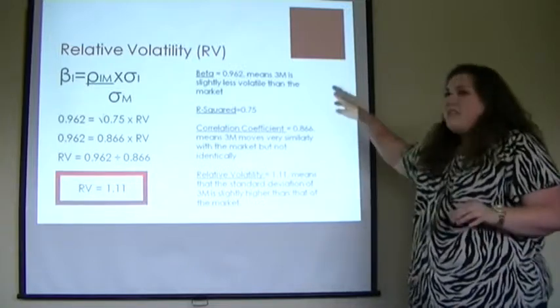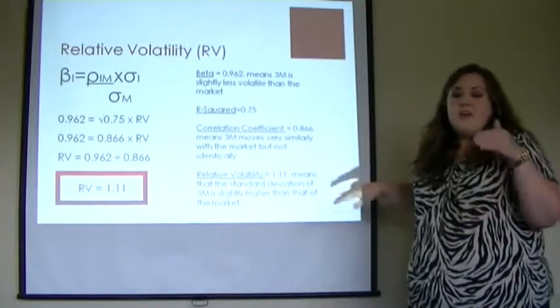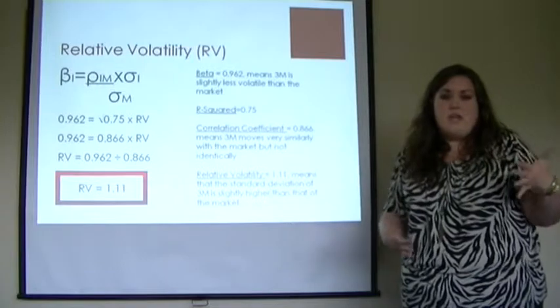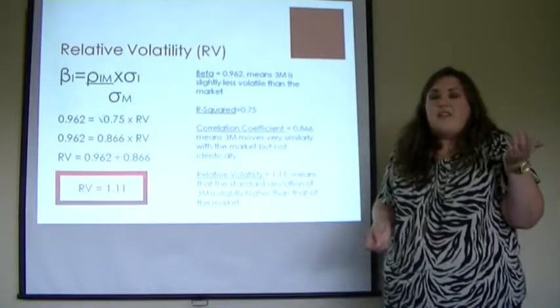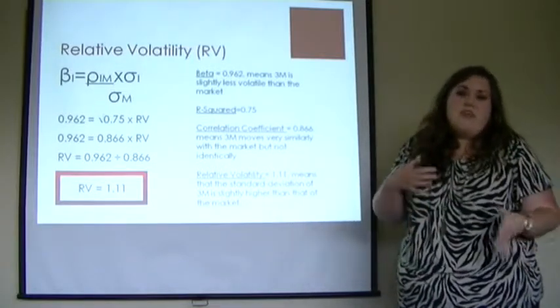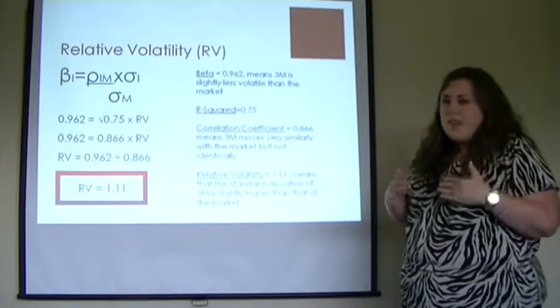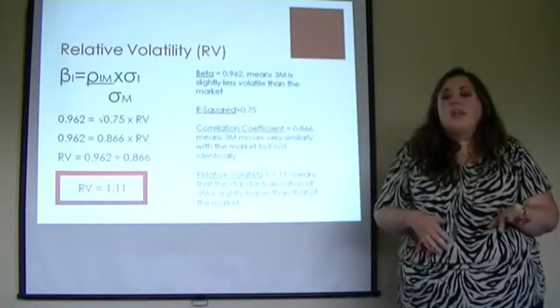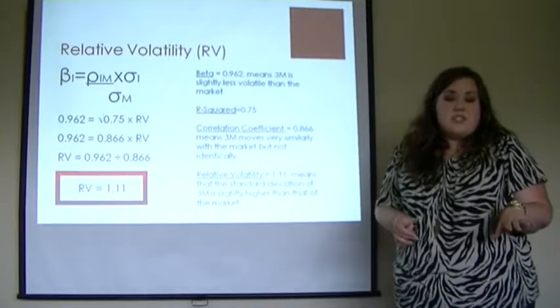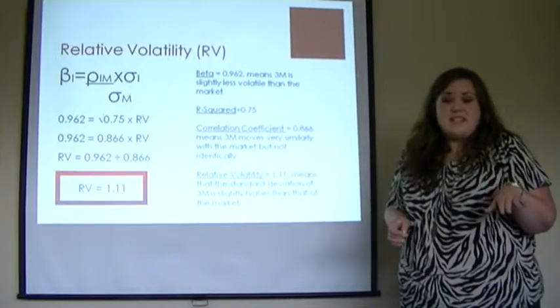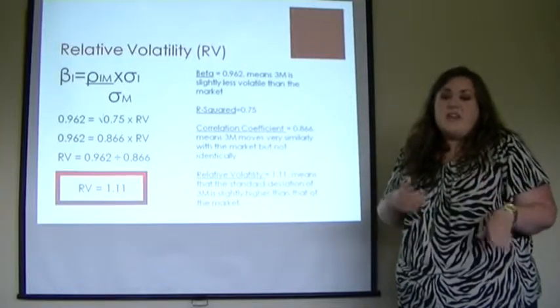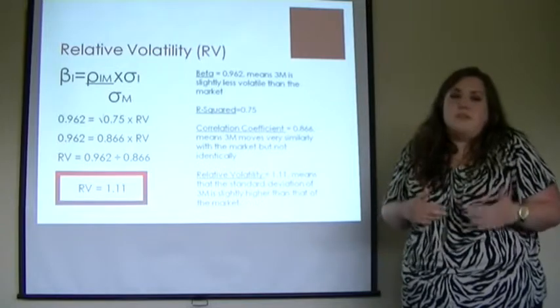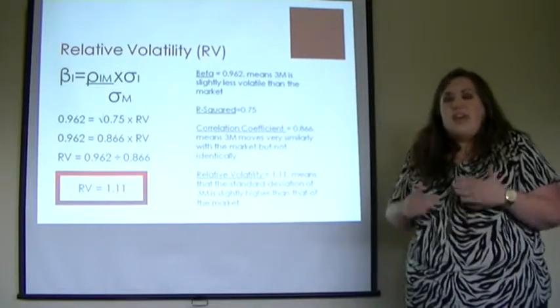So basically over here to the side, we're looking at what some of these variables mean. So the beta is telling us that 0.962 means 3M is slightly less volatile than the rest of the market. Our correlation coefficient is telling us that 0.866 means that 3M moves pretty similarly with the rest of the market when it has its ups and downs.